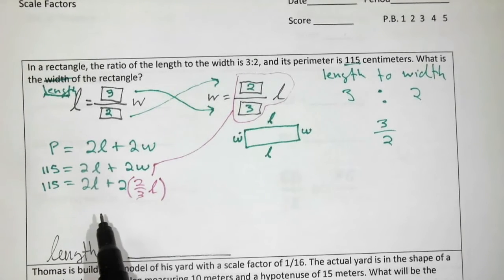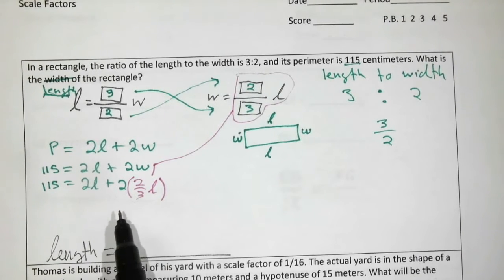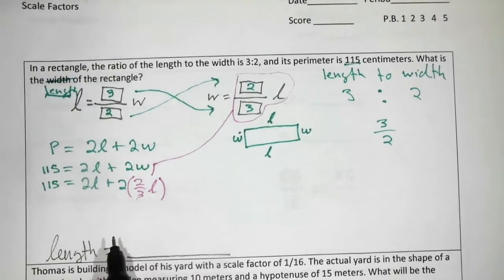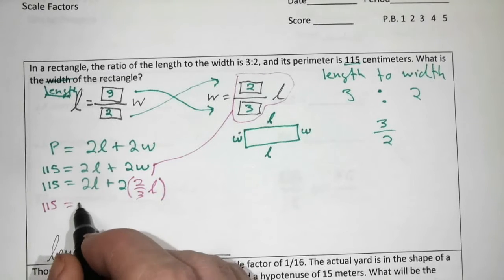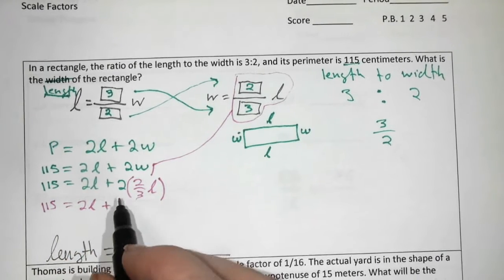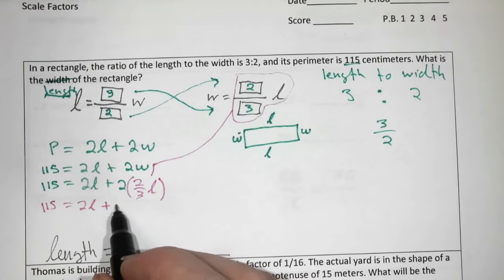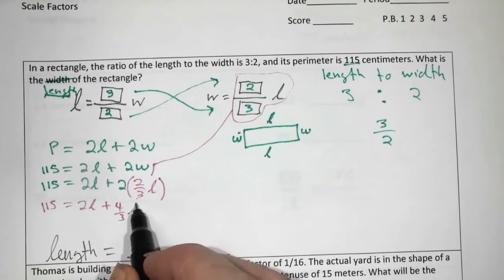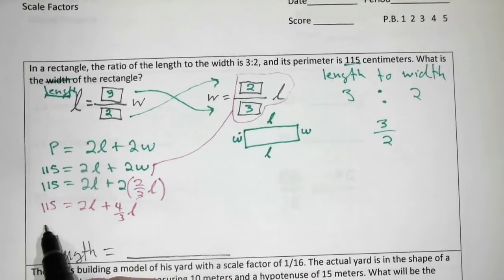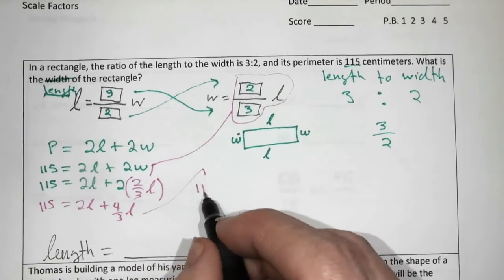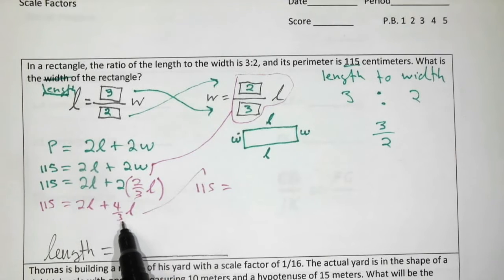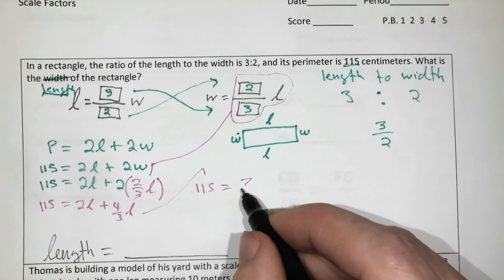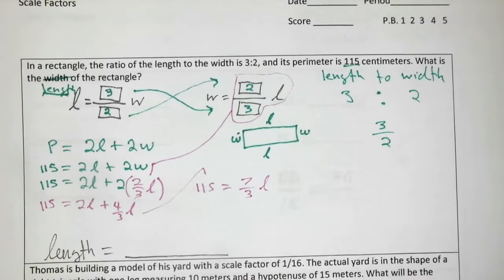Now at this point, you can type this into your calculator, whatever you do. If you want to solve it by hand, we would get 115 equals 2L plus 2 times 2/3 is 4/3 L. Then 115 equals 2L plus 4/3 L is going to give me 7 over 3L.